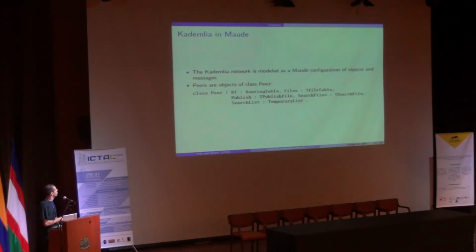So how are we supposed to define this in Maude? This is a Maude class where Peer is the class name, these are the attribute names, and then we have the types.